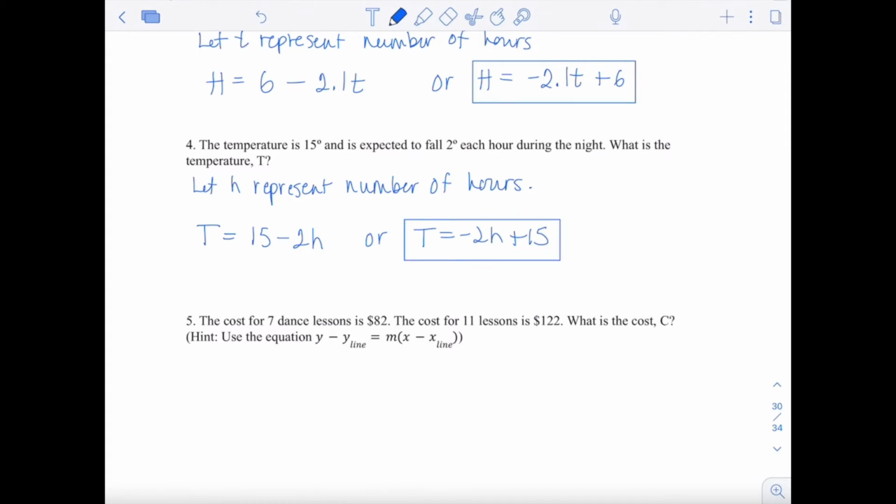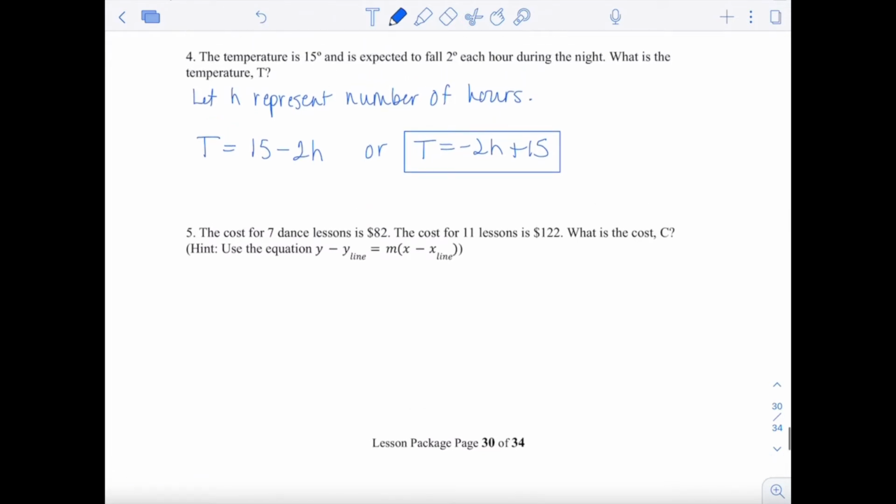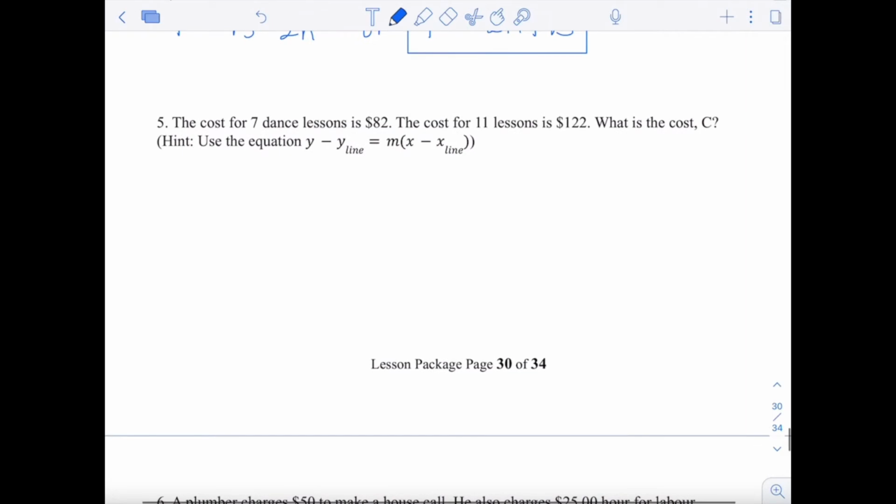In number 5, it says the cost for 7 dance lessons is $82. The cost for 11 dances is $122. Now we're assuming it's linear because we're in the unit on linear relations. So we can assume that this relationship is linear.